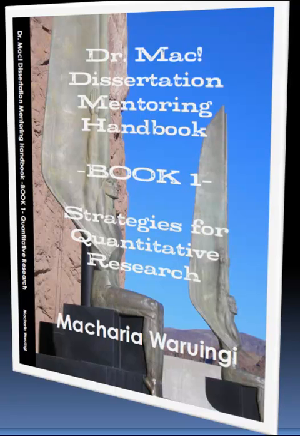So all those elements need to come into the purpose, but at this point today we're not discussing the purpose statement. We'll visit that when we come to speak about chapter 1. Today we are just talking about how to develop chapter 2.